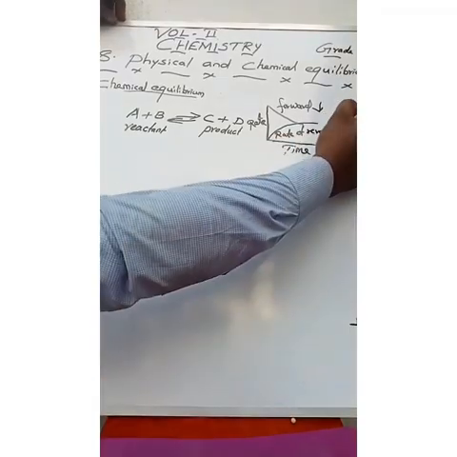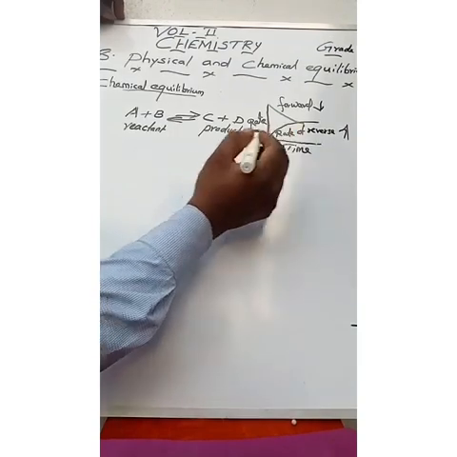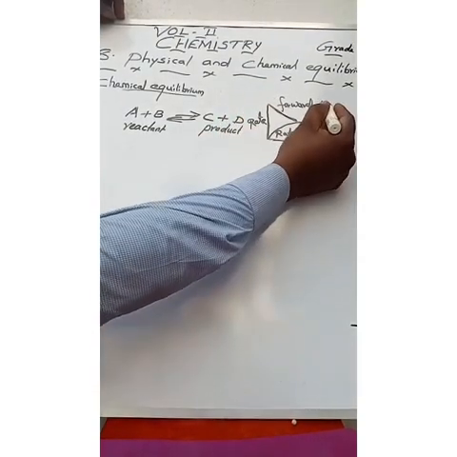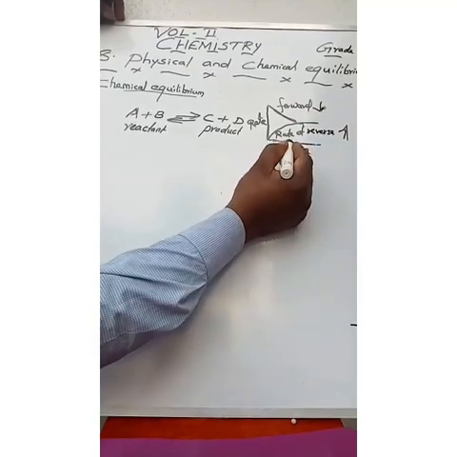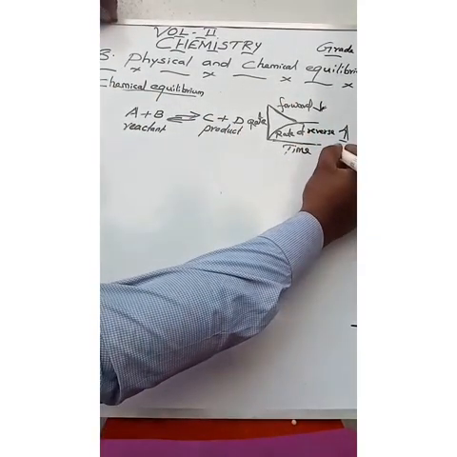The rate of the forward reaction is decreasing and the rate of the reverse reaction is increasing, until they are equal. So we can say the rates of both reactions, forward and backward, become equal.